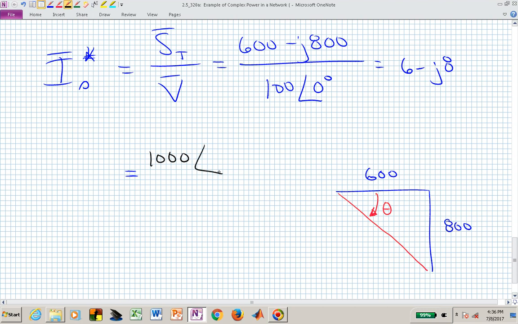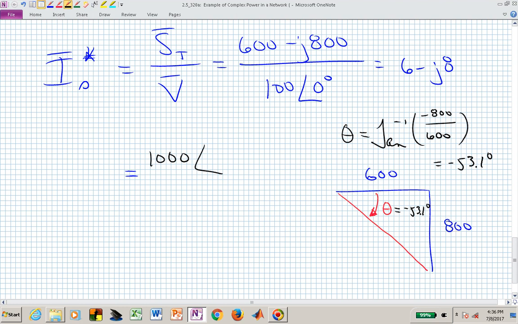And the angle is a negative angle, the inverse tangent of minus 800 over 600, since we are going minus 800 down, and that ends up being an angle of minus 53.1 degrees.